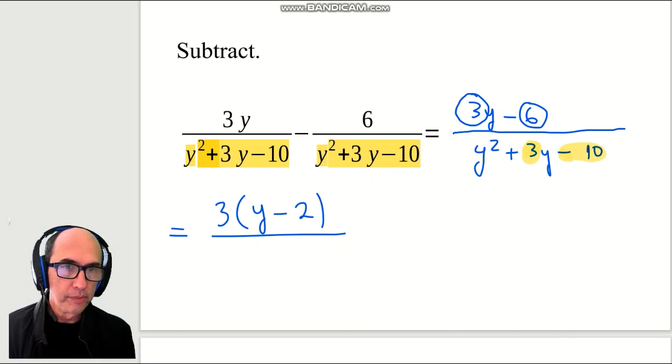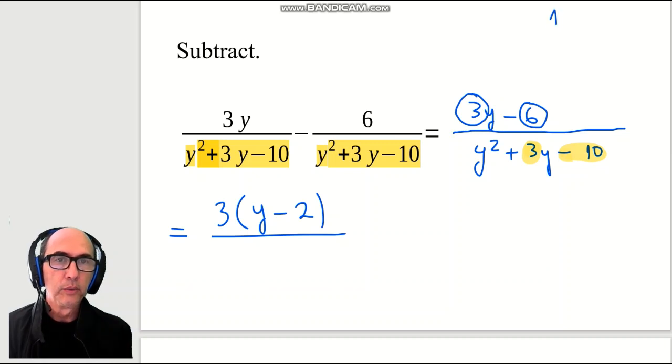Look, that's a trinomial, it's not a perfect square, but we can guess two numbers that multiplied equal negative 10. If you add, equals positive 3. What are the numbers that you think can multiply to negative 10?